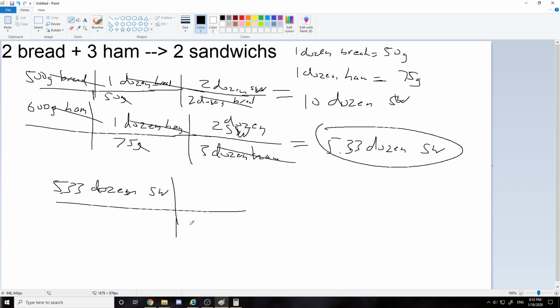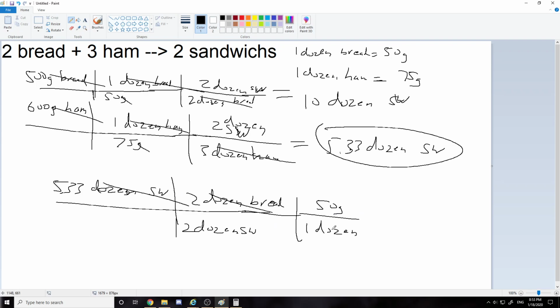So if you need, for every 2 dozen sandwiches, you need 2 dozen bread. And we know that every 1 dozen bread, it weighs 50 grams. Right? So all of these cancel because they're opposites to each other.